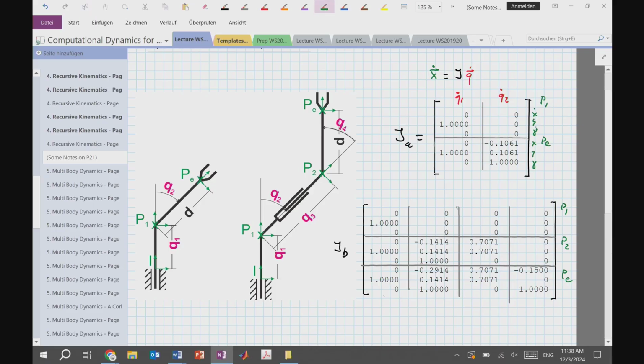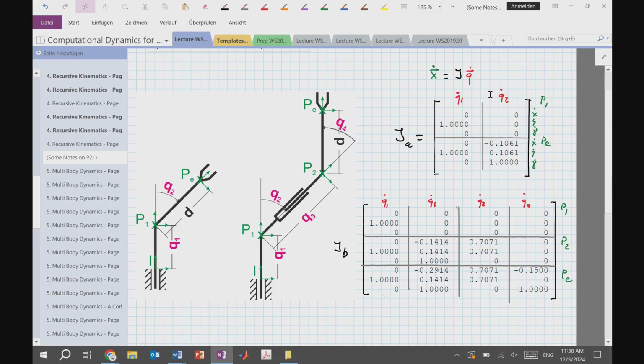So in terms of these x coordinates, Cartesian coordinates, I should also add dots, right? We're talking here about velocities. And then I do the same for the second example.